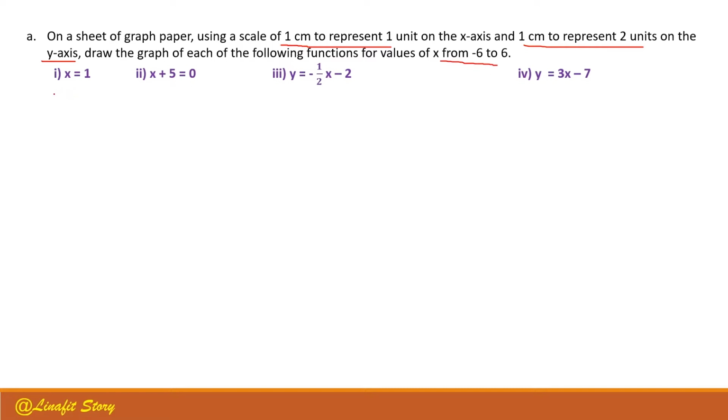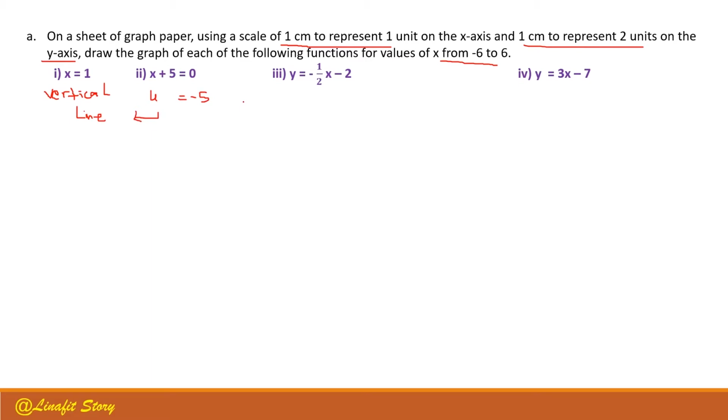So x is equal to 1, this is the vertical line. Then the second, x plus 5 is equal to 0. So the value of x is equal to -5. So this is also the vertical line.